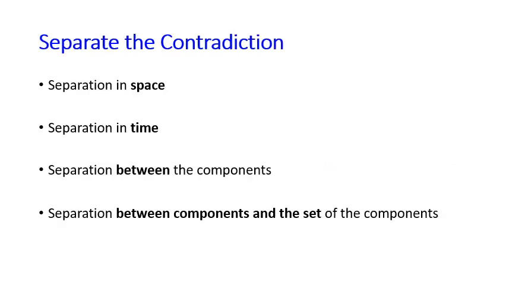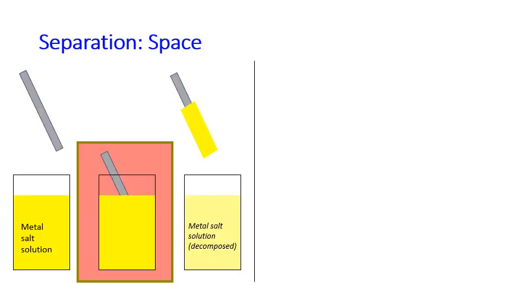Based on the zones of the conflict, TRIZ offers several types of separation: separation in space, time, between the components, and between components and the set of the components. Now let's see an example. Suppose we are going to coat a piece of metal with a metal salt solution.